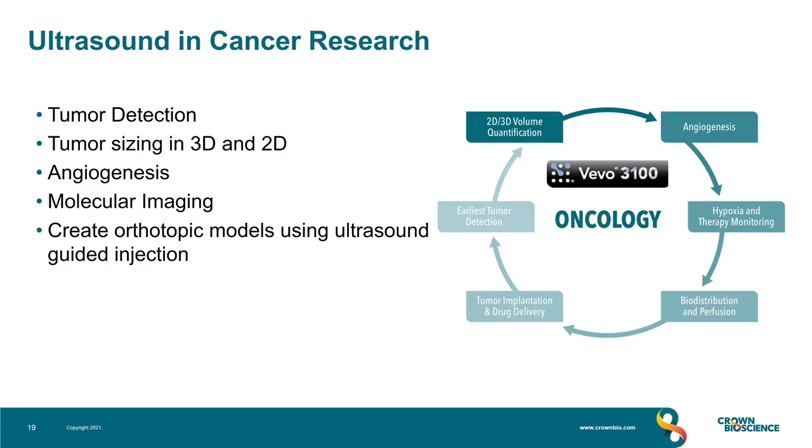In the oncology field, it can be used in tumor detection and tumor measurement, producing both 3D and 2D, angiogenesis, and molecular imaging. One of the key applications of the ultrasound is to create orthotopic models using ultrasound-guided injection.